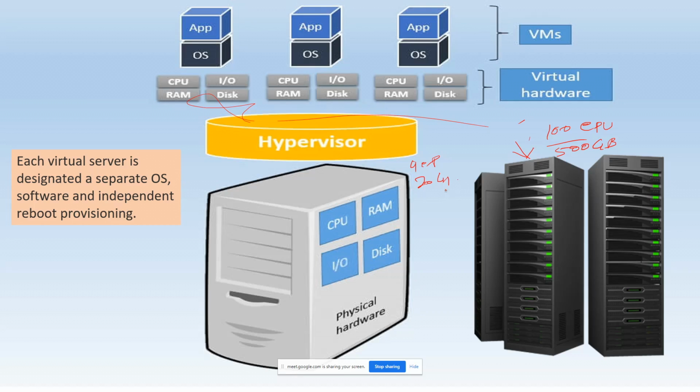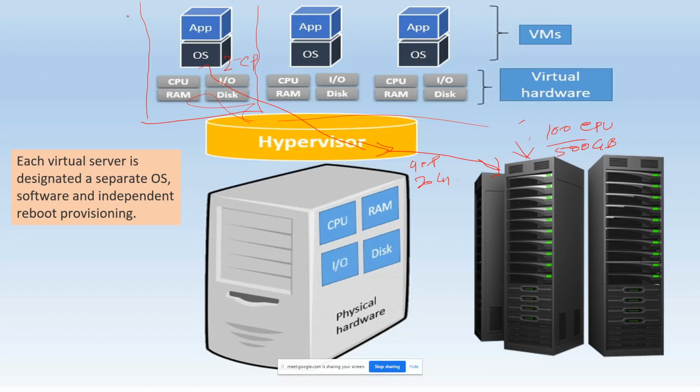So when you request, what happens behind the scenes is that the hypervisor goes to the physical machine, assigns some of the CPUs to you, and creates a virtual environment for you, which you can use independently. So this is going to be your server independently.